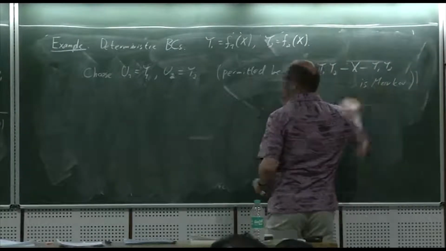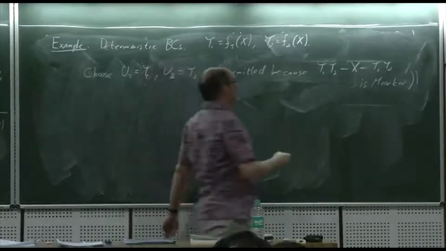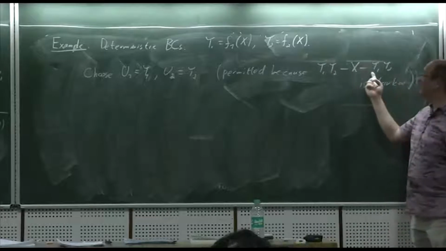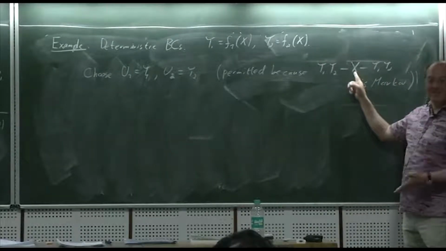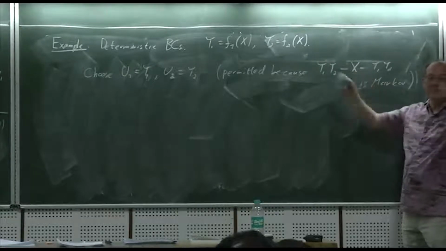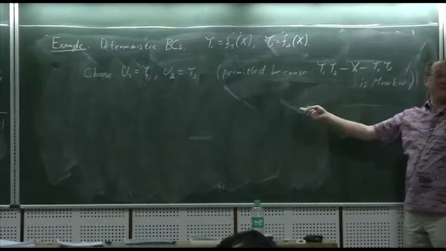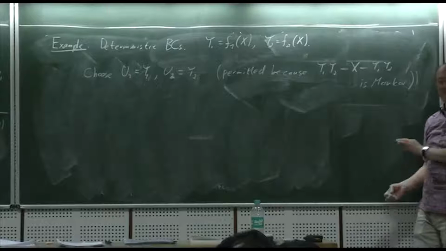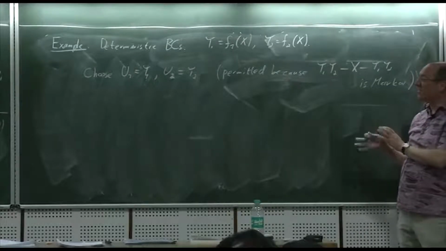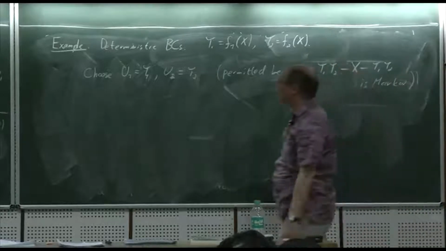If there was noise, of course, this wouldn't be a Markov chain, because you can't say given X, Y1 and Y1 are statistically independent. But here, given X, Y1 and Y1 are completely determined. So it only works in this case. But it's a nice case because it shows you controlling the outputs makes sense here.